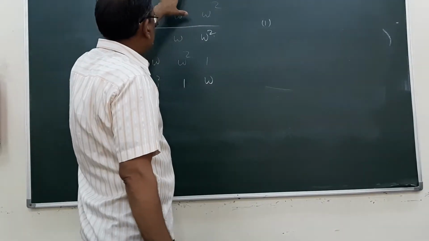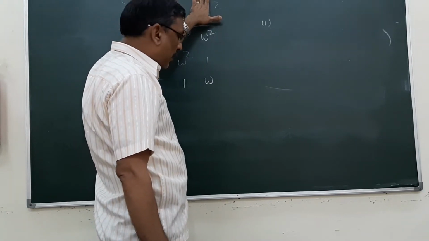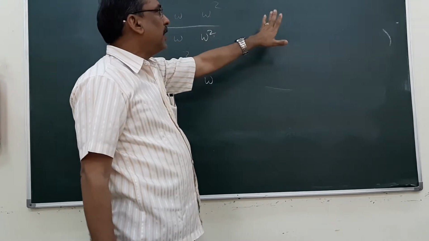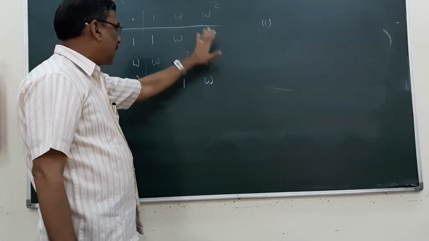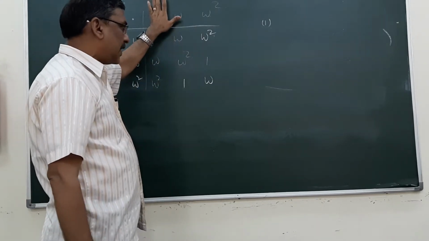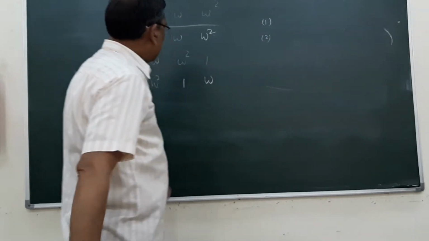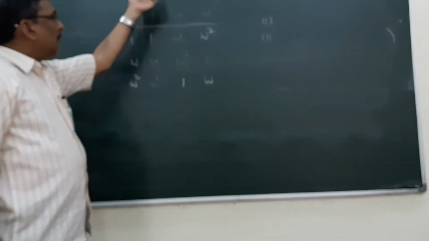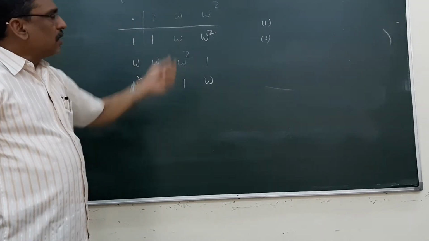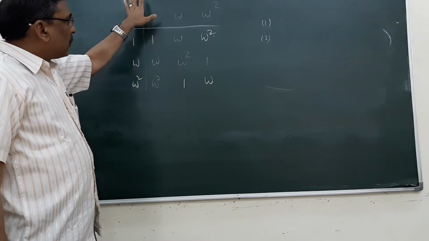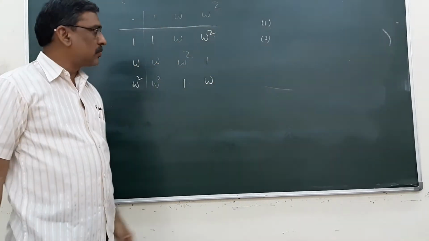If I say this is a non-empty set and this is an operation, then we need to prove the closure property also. Second, the associative property: since omega is the cube root of unity, in complex numbers the associative property already holds.